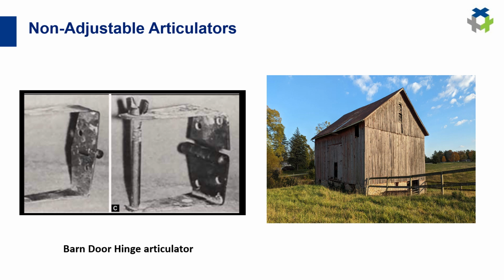So this is the picture of a barn which is shown here. The door of the barn was a huge door with a hinge. So basically the hinge of the door was used as an articulator. This was not a specialized instrument which was fabricated. Rather, they took the hinge and modified it for just a simple movement of opening and closing.